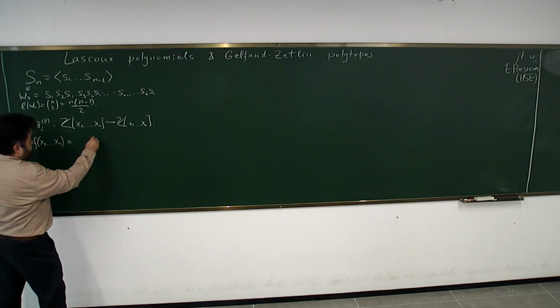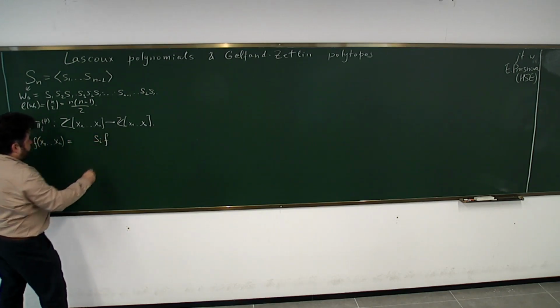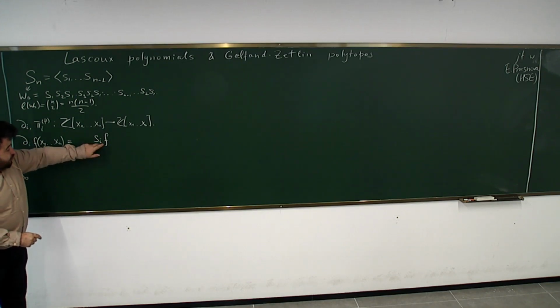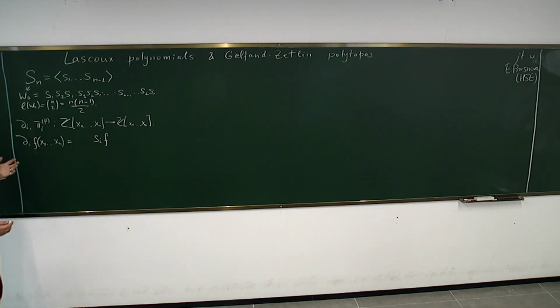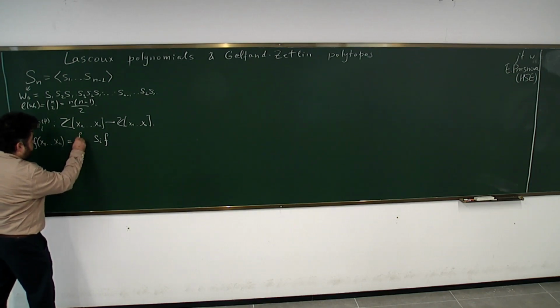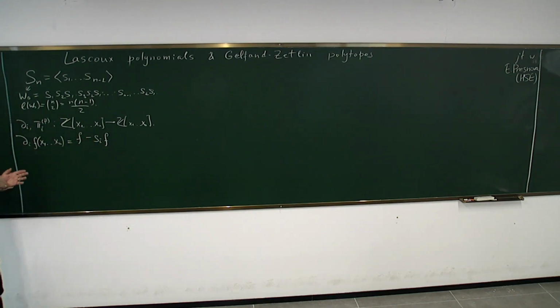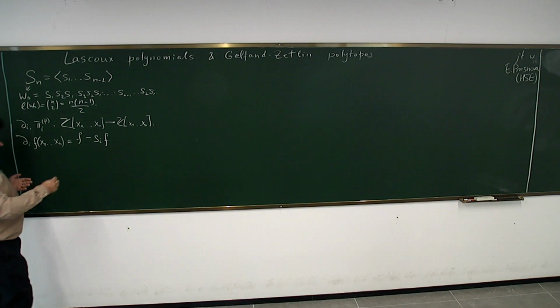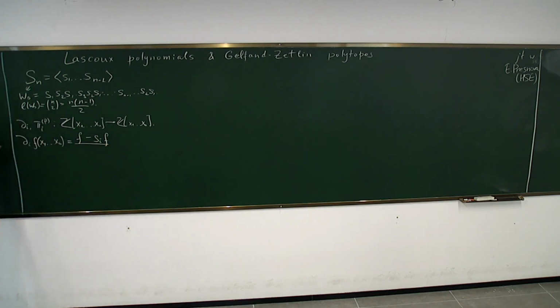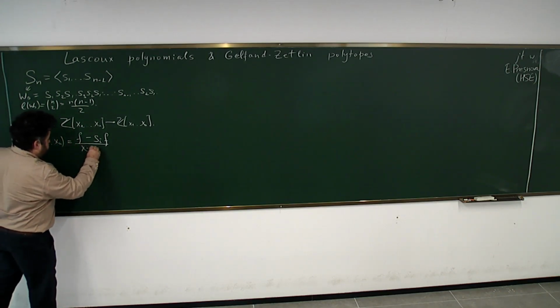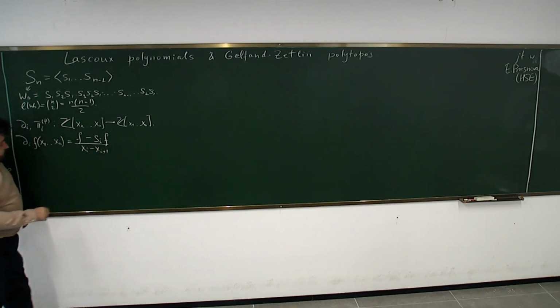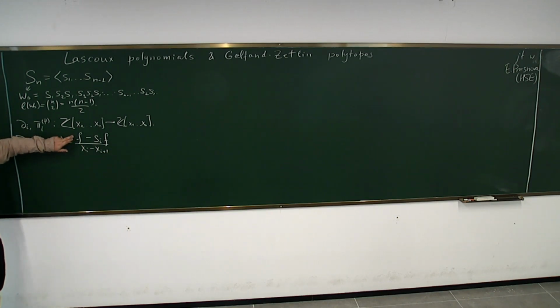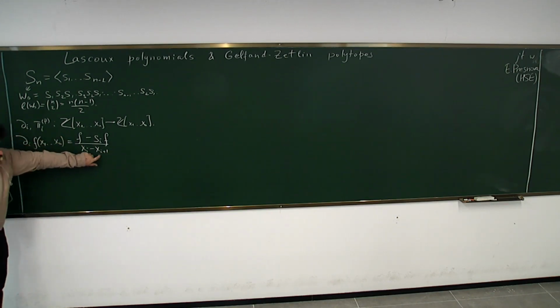This will be called si of f, with two variables flipped. Now you take f and subtract it. This thing is skew-symmetric in i and i plus 1. As the first course in algebra teaches us, it is divisible by xi minus xi plus 1, so this is a polynomial again. It vanishes at xi equals xi plus 1.